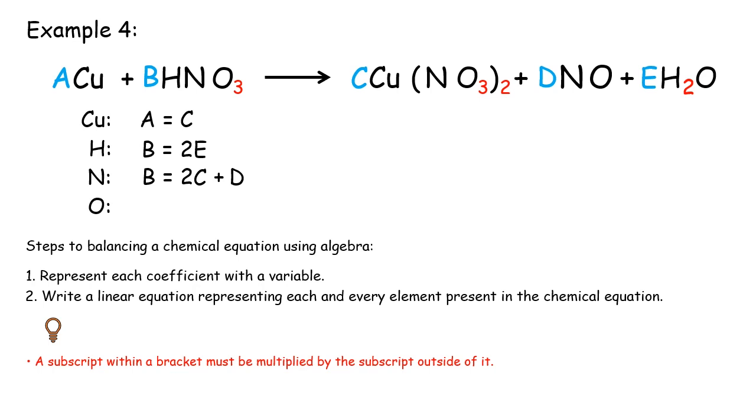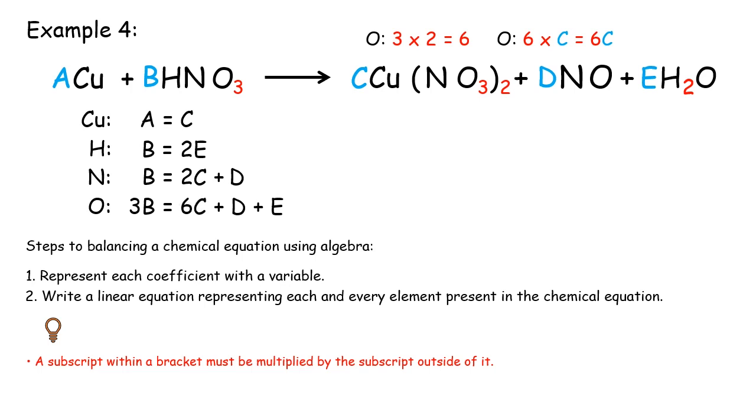Lastly, for oxygen, the equation is 3B equals 6C plus D plus E. In nitric acid, oxygen has a subscript of 3, multiplying it with the coefficient B gives us 3B. On the product side, oxygen has a subscript of 3 in cupric nitrate, multiplying it with the number outside the bracket, which is 2, gives us 6, multiplying 6 by its coefficient gives us 6C.